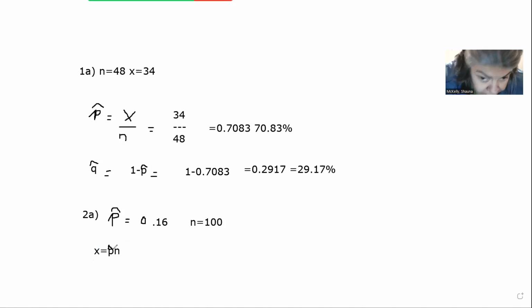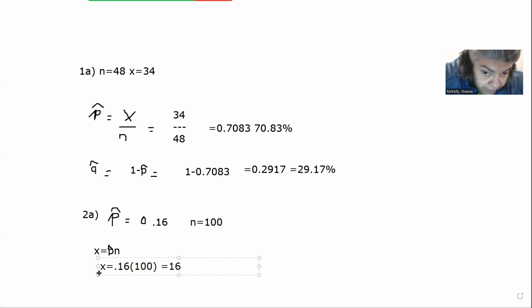And again, this is just reminding you of where some of these things come from, because we will be needing them when we do single proportions back later during the final, but you're also going to see it in the question. So x here is going to equal 0.16 times 100. And this is going to give you 16.